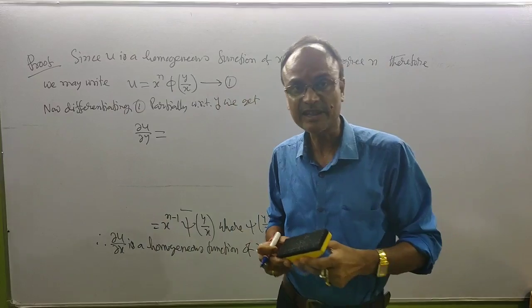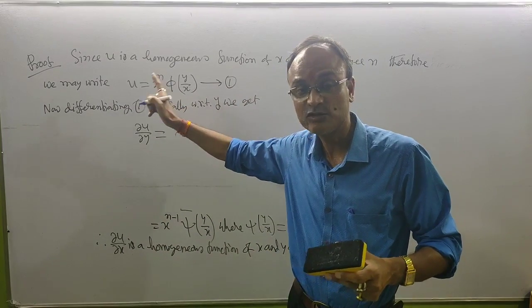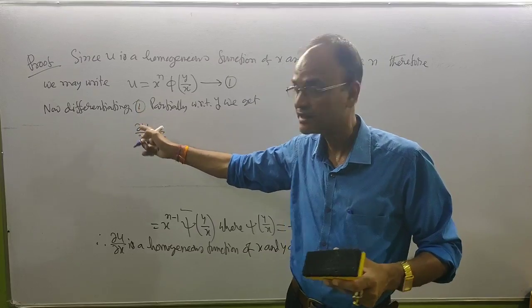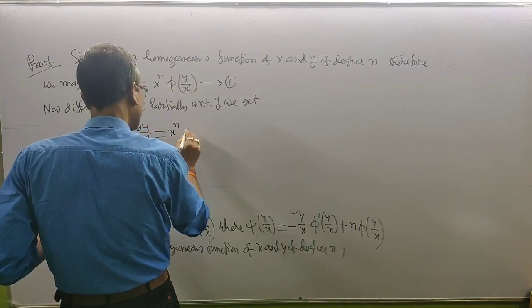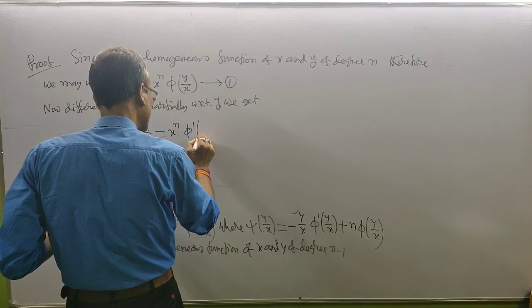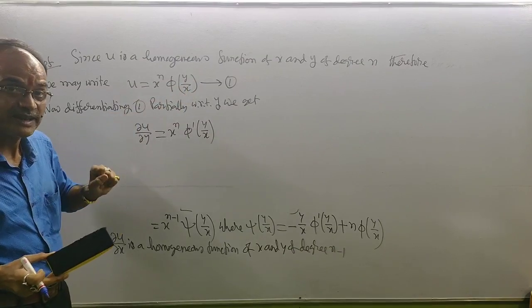If you differentiate partially with respect to y, you should treat x as constant. Therefore, x to the power n is constant, and it will be phi dash y by x. Also, the differentiation of y by x.